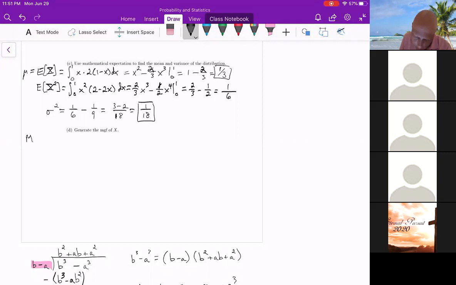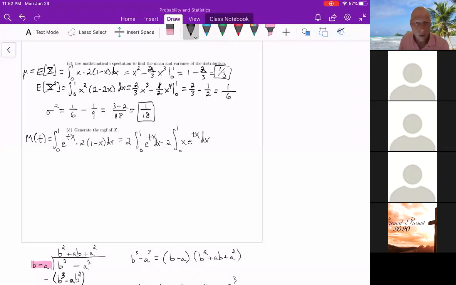And by first principles, we want m of t, which is the integral from 0 to 1, because that's the support of this particular PDF, e to the tx times 2 times 1 minus x, which I'm going to rewrite as 2 times the integral 0 to 1 of e to the tx minus 2 times the integral of x e to the tx, and there's a dx in both of these.